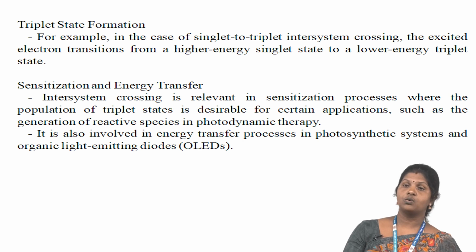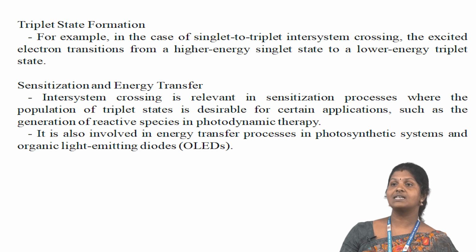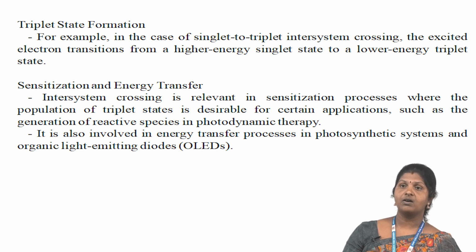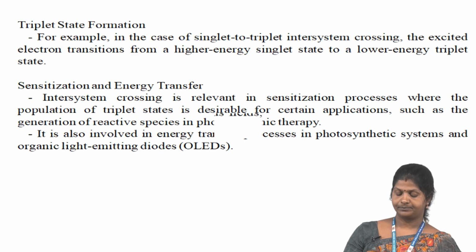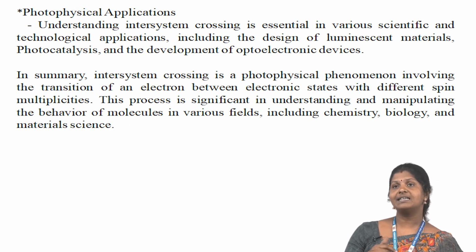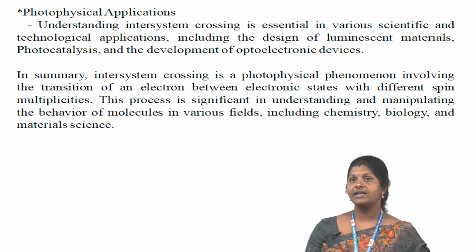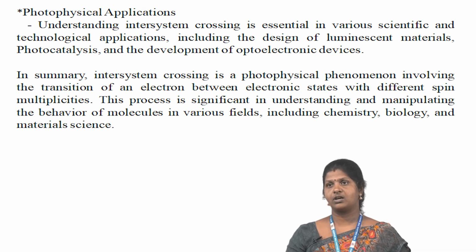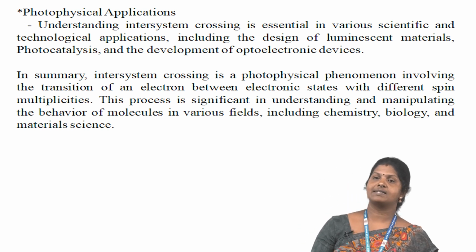It is also involved in energy transfer processes in photosynthetic systems and organic light emitting diodes, that means OLEDs. The photophysical applications: understanding intersystem crossing is essential in various scientific and technological applications, including the design of luminescent materials, photocatalysts, and development of optoelectronic devices.